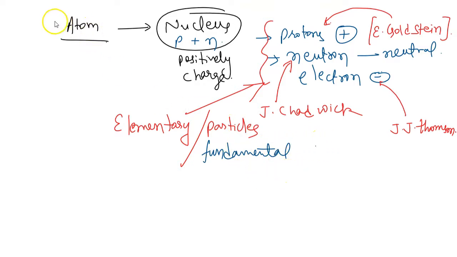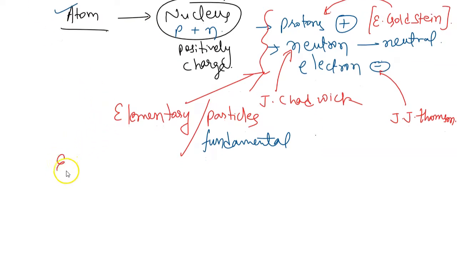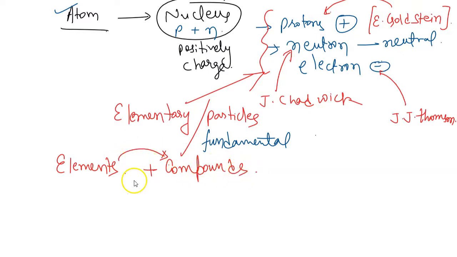So if we are talking about atoms, then definitely there are different elements. So in short, I can say whatever exists around us is either the pure form of element or the combination of elements leading to the formation of compounds. So elements combine to form compounds.